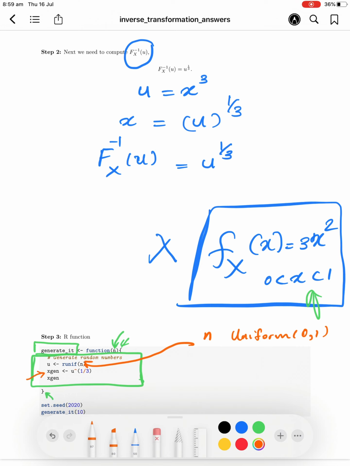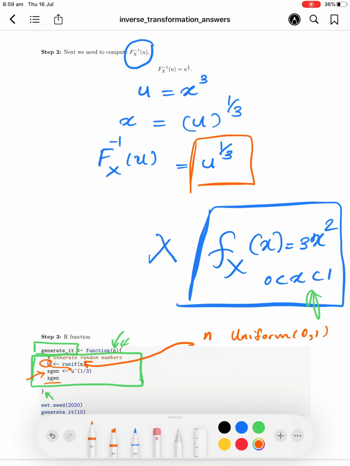After that, in order to get the random numbers of x, you have to substitute u values into this formula, so u to the power 1 divided by 3. Now after that, you have to return the values corresponding to the xgen.